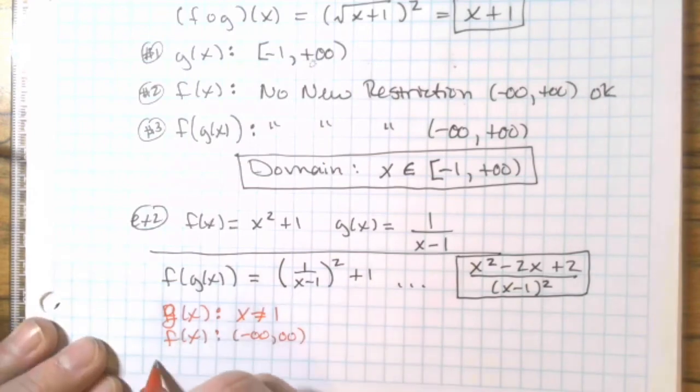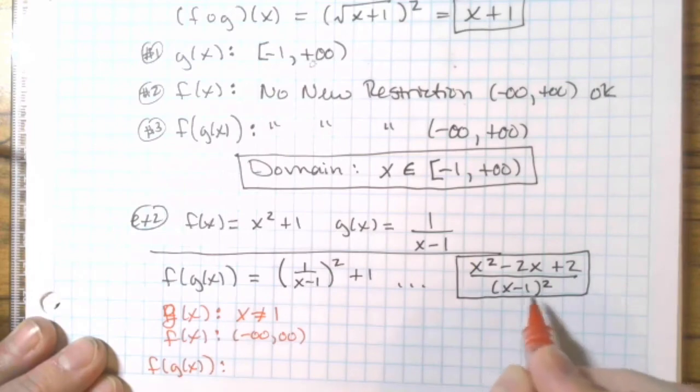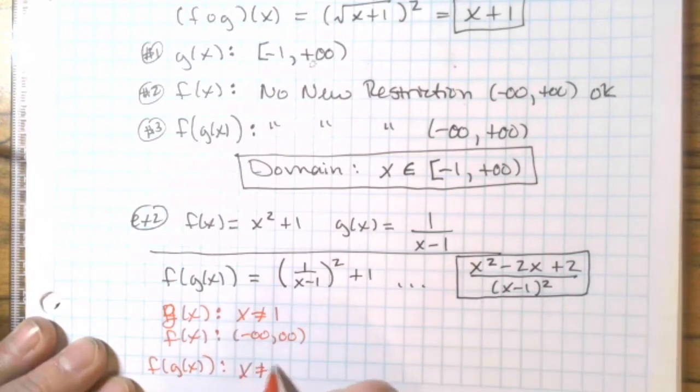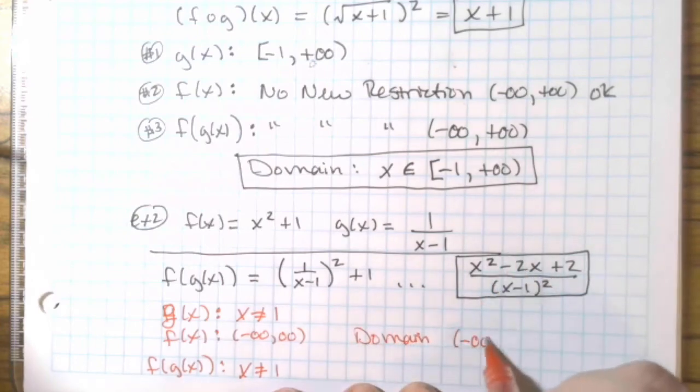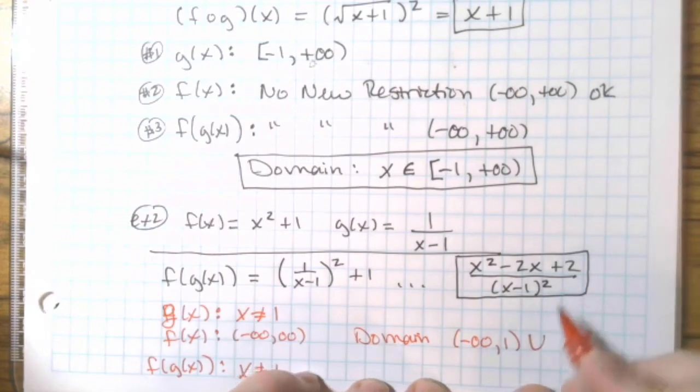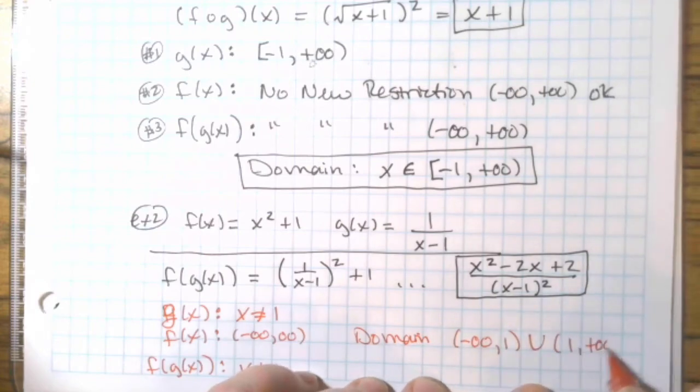And then for the combination f of g of x, again, x can't be 1. So the only restriction that we have is that x can't be 1. So your domain is everything but 1, so negative infinity up to 1 in union with 1 up to positive infinity.